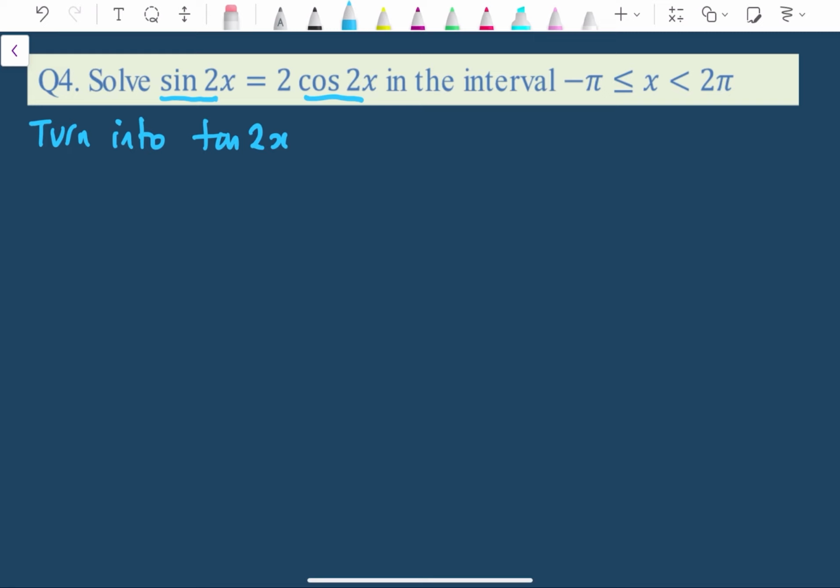But before I do that, I notice I've got 2x there, but my period is just for x. So I'm going to times that by 2 to get 2x, times 2 pi by 2 to get 4 pi, and times negative pi by 2 to get negative 2 pi. So I want all my solutions between negative 2 pi and 4 pi.